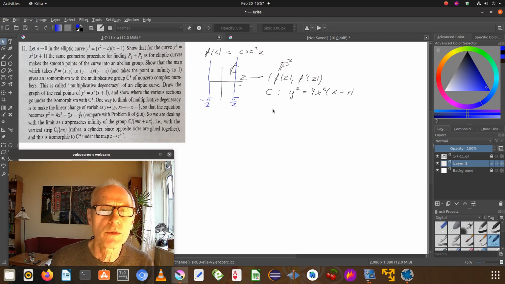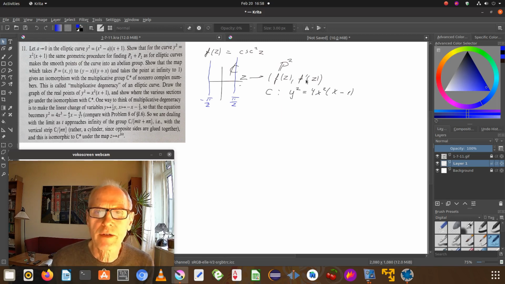Now what should we look at? If you have 2 points on this curve, we would like to see that the line through it goes through another point.